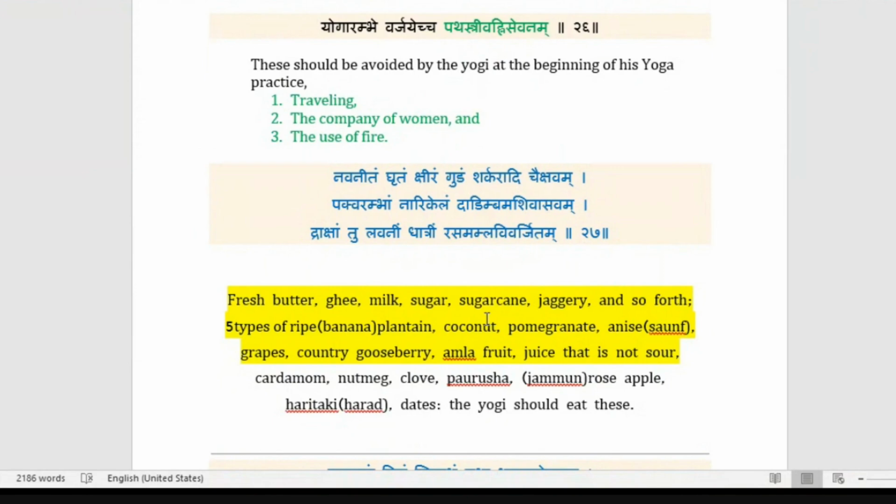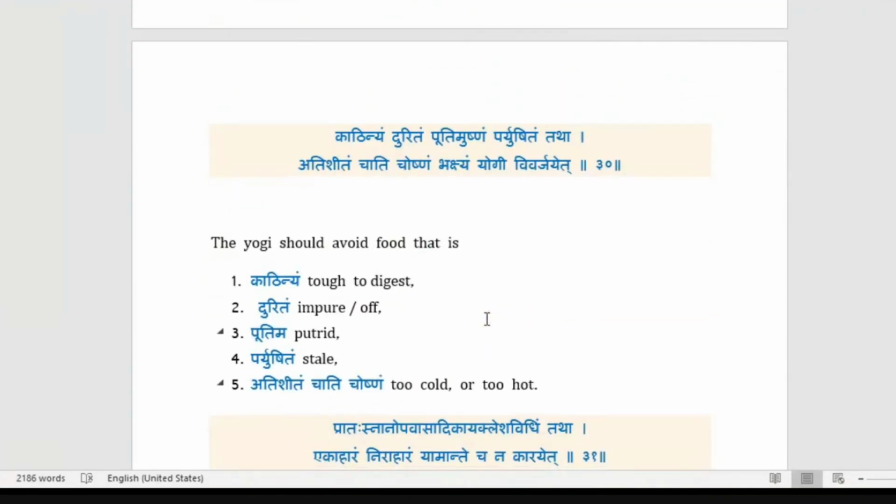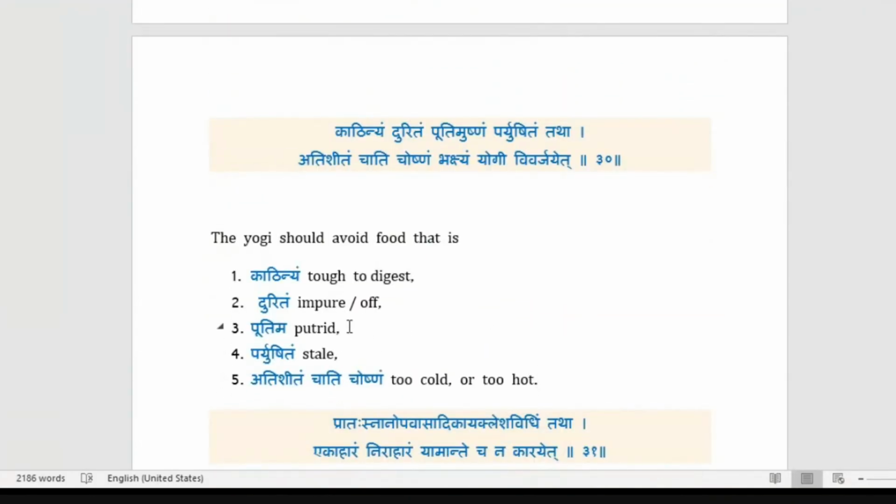Impure. Reject. Very good. Then is putim. Bad, not good. Putim is putrid. The food that gets spoiled, which gets fungus or goes bad, that is putim.